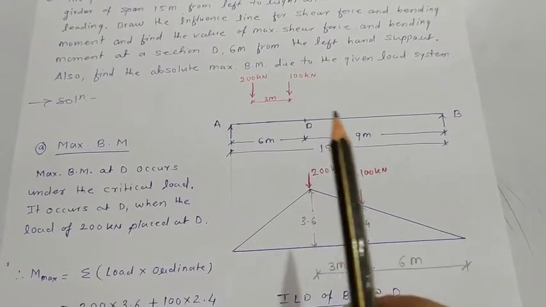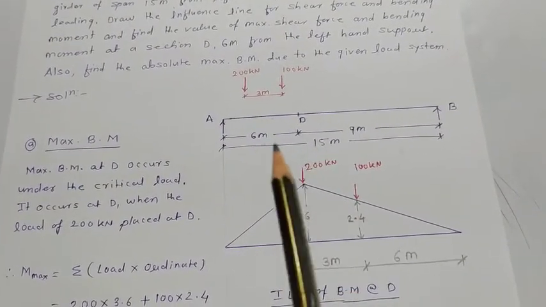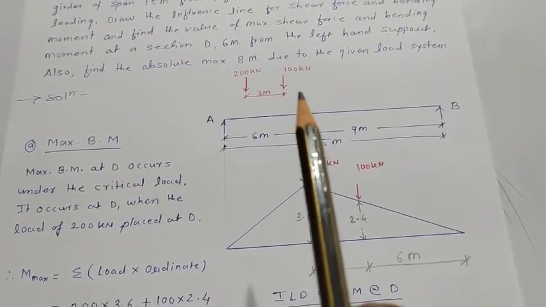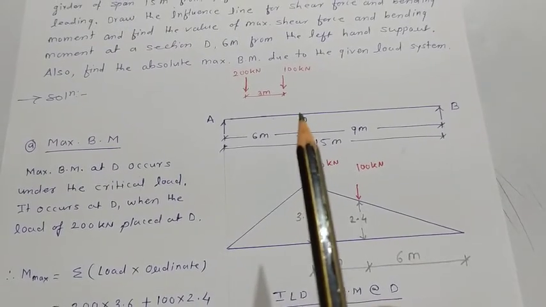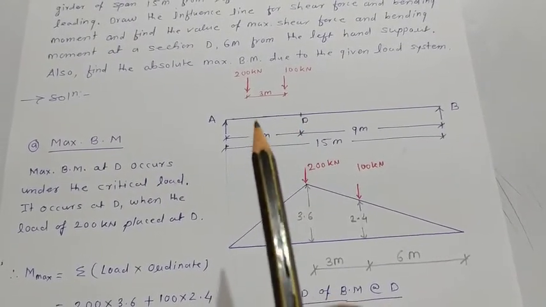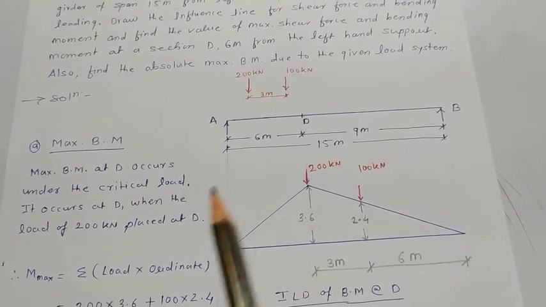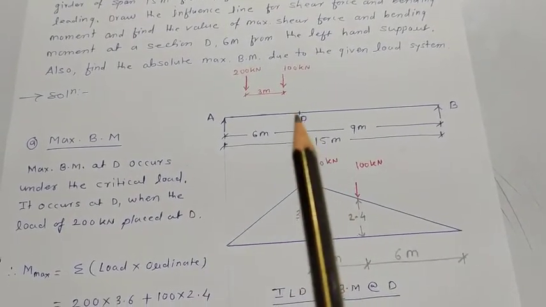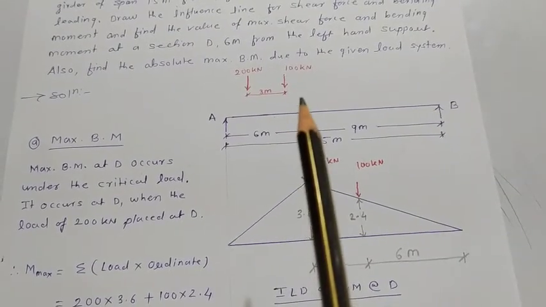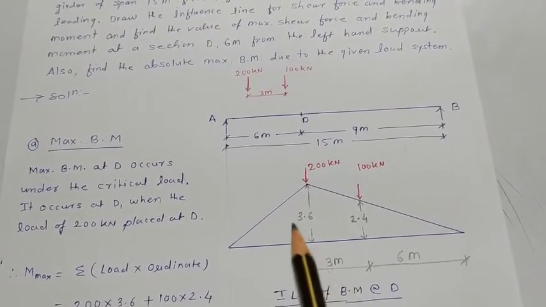So you will get the maximum bending moment at this location. If you place the 100 kilonewton load on point D and 200 on its left side, a lesser ordinate will be obtained, so it will not be maximum. So maximum at D, if you place 200 kilonewton load at D, the bending moment will be maximum, okay.